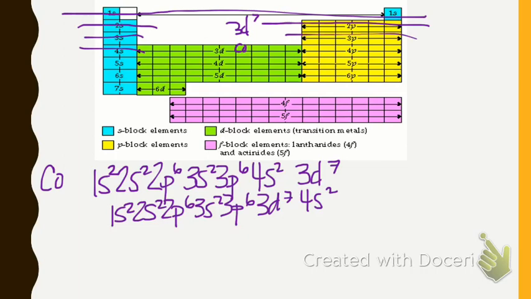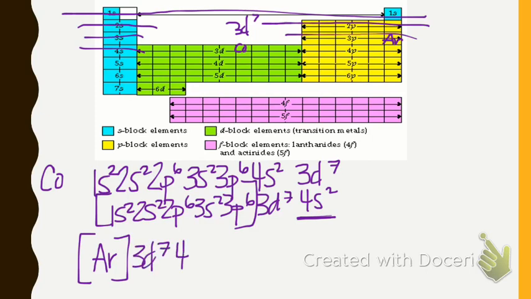And that shows you that's where those valence electrons would be pulled from. Now, if I wanted to do the noble gas notation for this, I would find the noble gas that comes before cobalt, which is right here, argon. So then I would say argon, in brackets, not parentheses. And we know that argon ends in 3p6, so that's essentially argon right there. And so we would write 3d7 4s2.